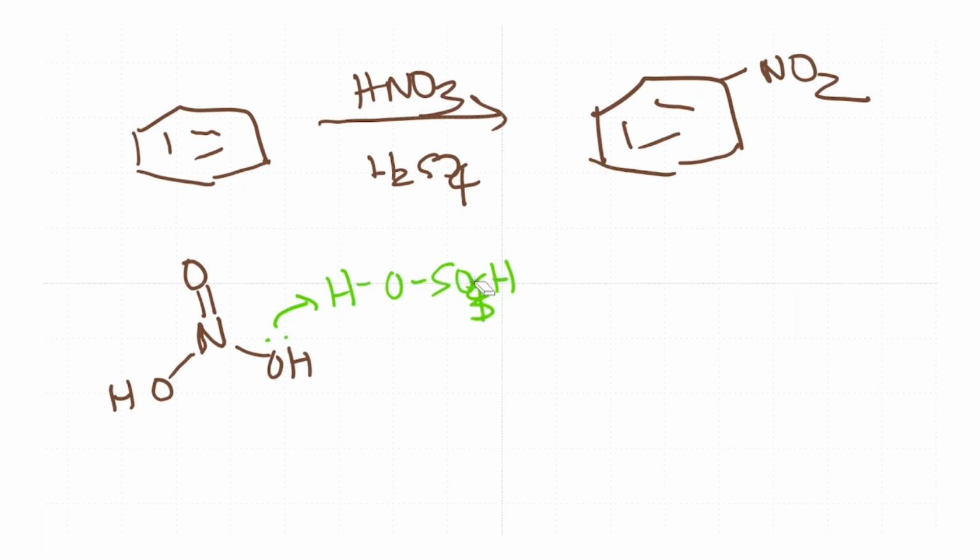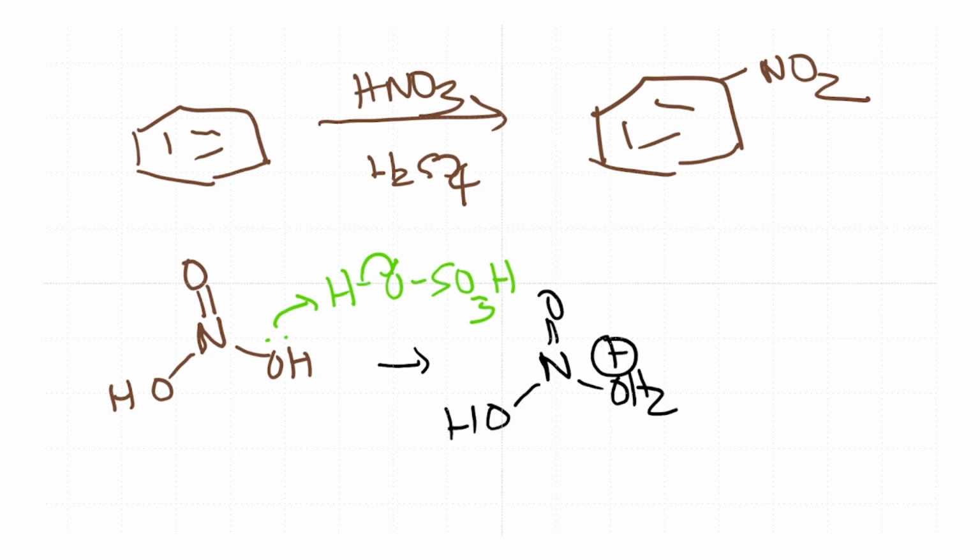SO3H, and the product that is formed is actually N double bond O, OH2 plus, OH, and you can push arrows for water to leave, and the electrophile that is going to be produced is N double bond O, double bond O, H plus.